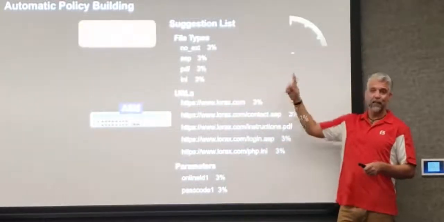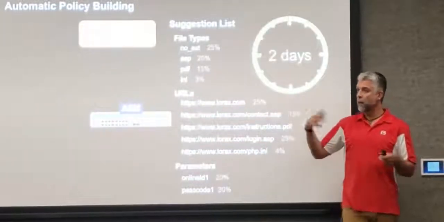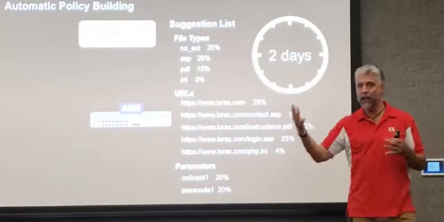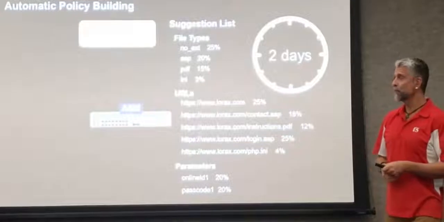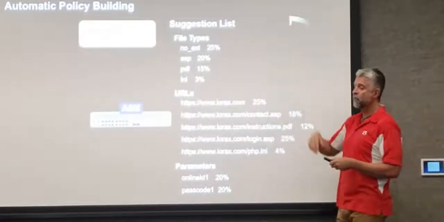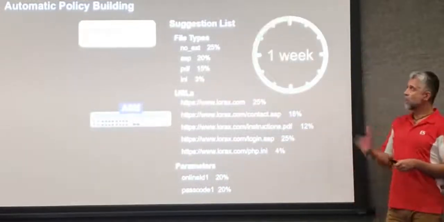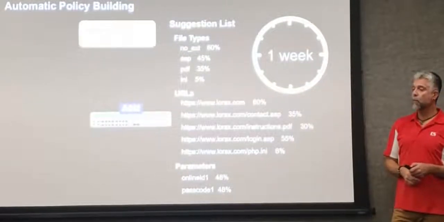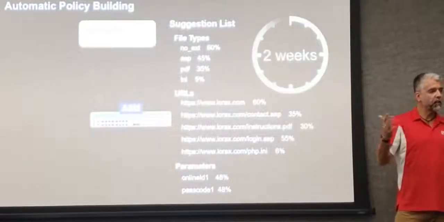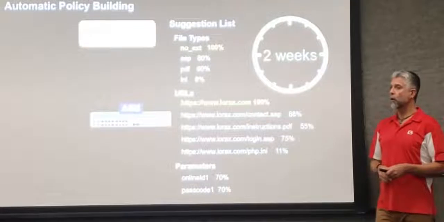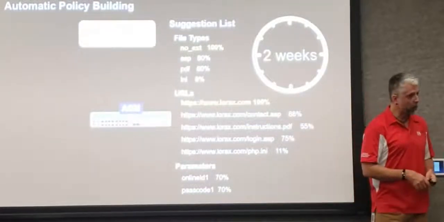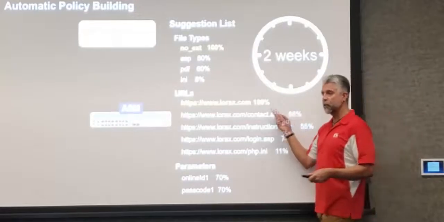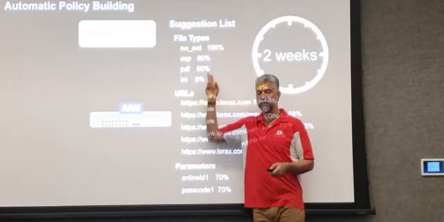Over time, these scores are going to go up based on how many requests we're getting from all of our different users out there using the application over a period of time. Maybe a week later, they've gone up. Maybe a few weeks later, they've gone up even more. And eventually, as we just did in the last example, eventually some of these entries hit 100%.